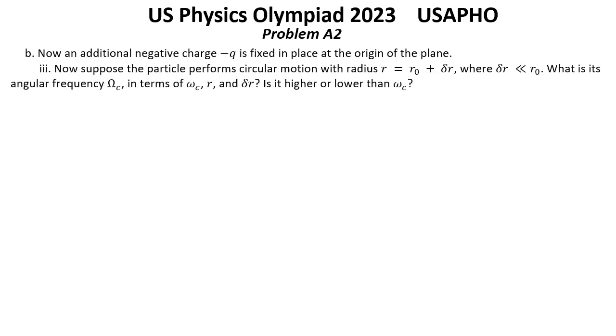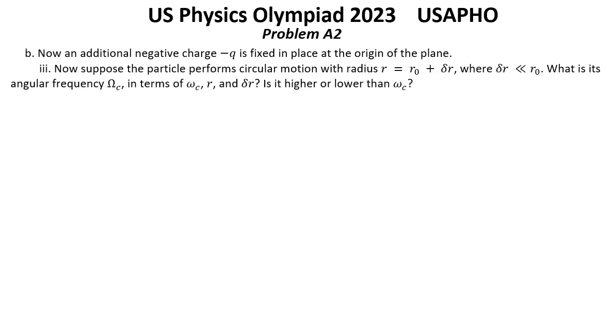Is it higher or lower than omega small c? Solution. For circular motion with radius a little bit greater than the equilibrium radius r0, the orbit is above, but is very close to the bottom of the ring of minima r0.